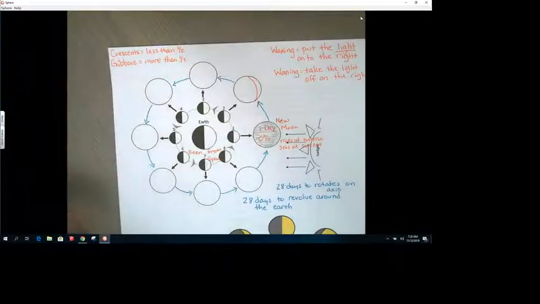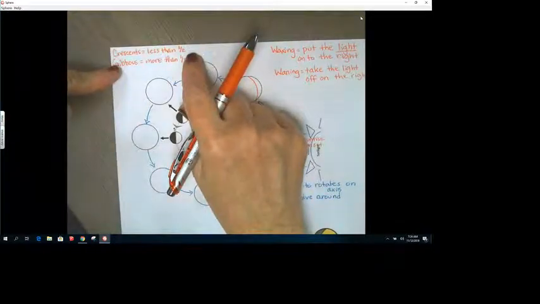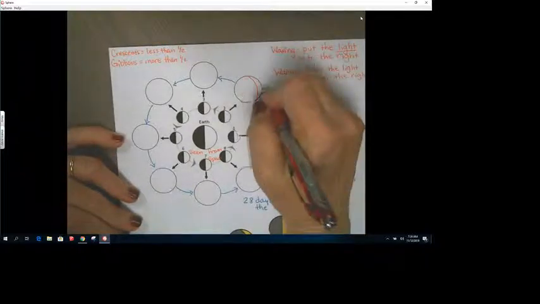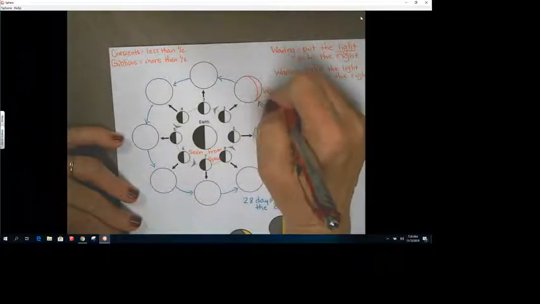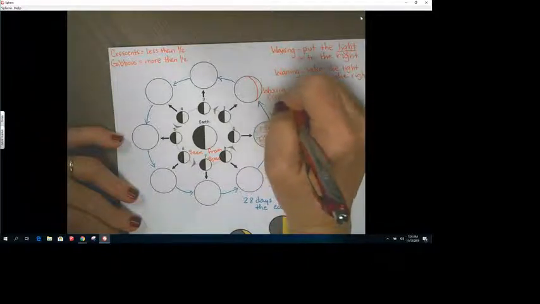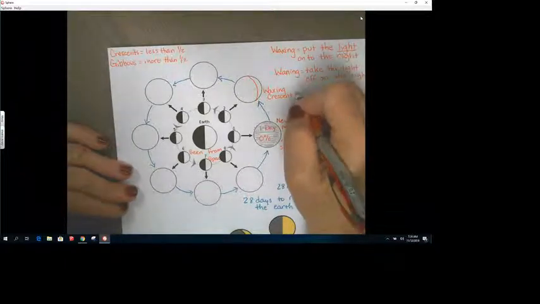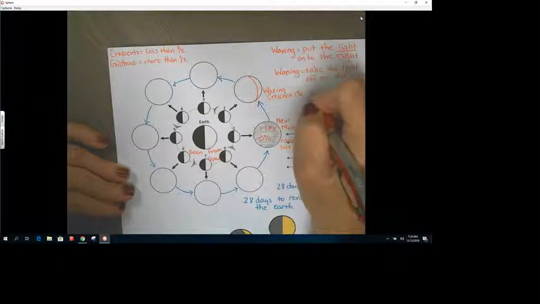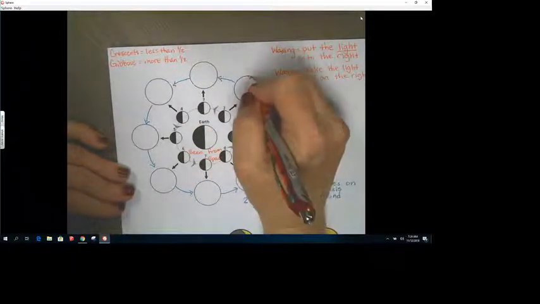Meaning less than half of it is lit, more than half of it is lit. Alright, so again, here we go. Waxing crescents. We can have anywhere between 1% to 49% be a waxing crescent.